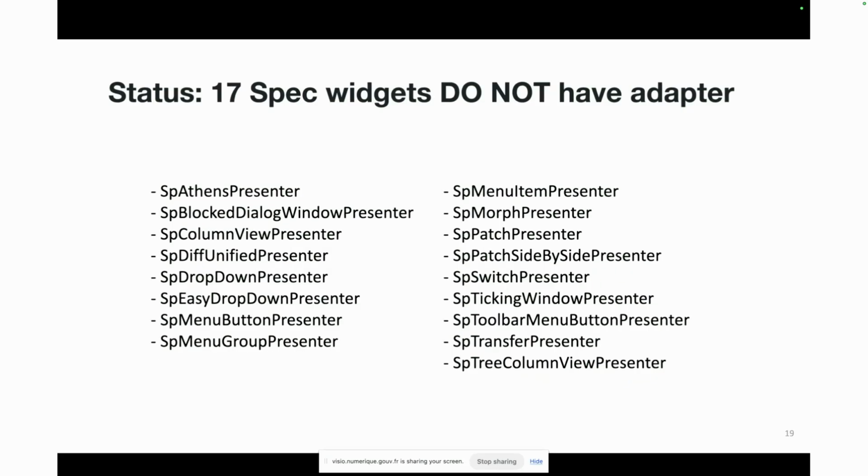Yes, if an adapter is missing, it could be on both sides: we have to write the adapter because we have the widget in Toplo, or there is also the problem when we don't have exactly the widget, the element in Toplo that we can use to implement the behavior of the widget and then the adapter.